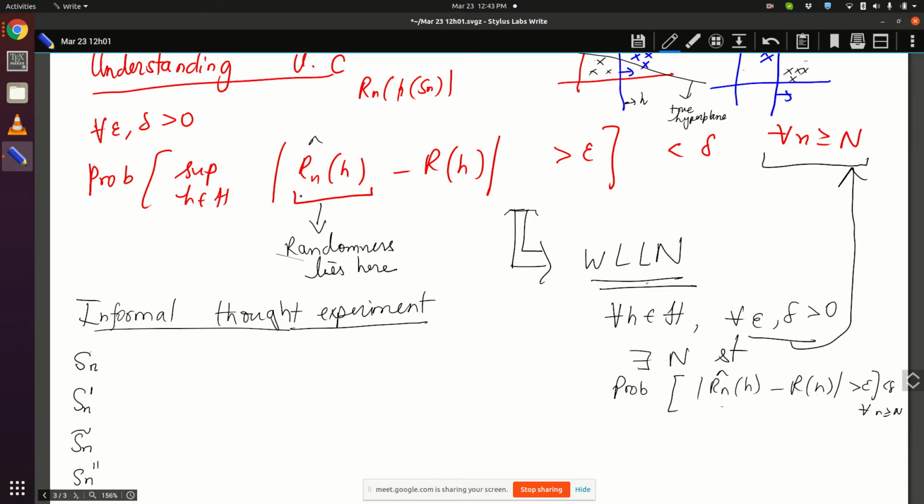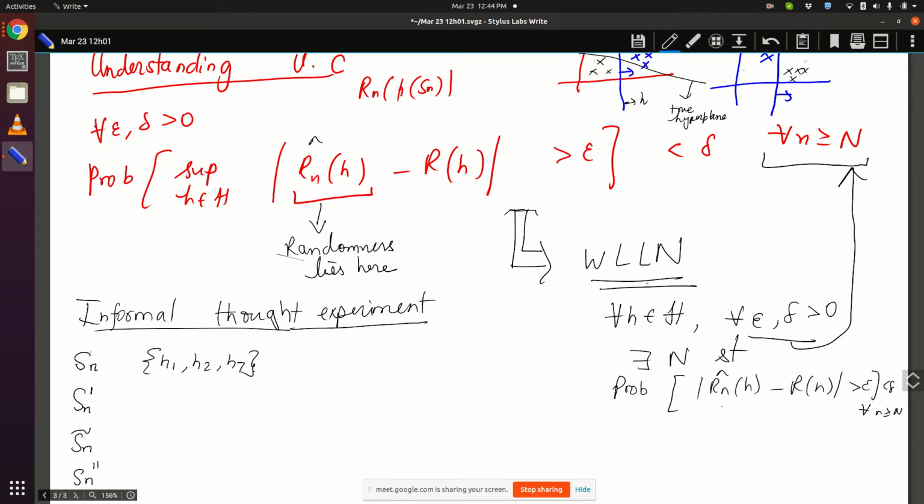Whenever I fix a sample, the performance of every element in the bag is fixed, right? So let us suppose that this is the set H1, H2 and H5. Let it be all the hypotheses which are making an error greater than epsilon. Do you understand?